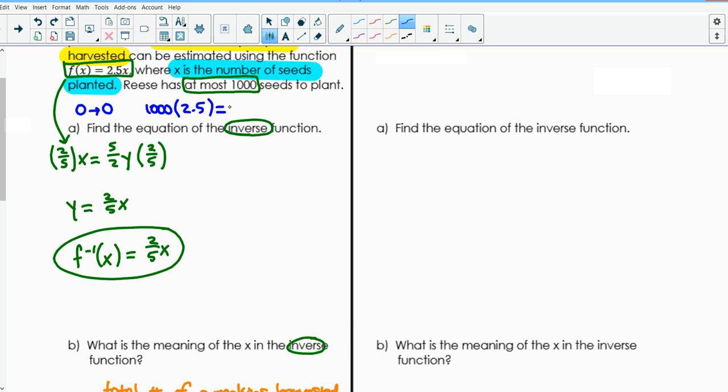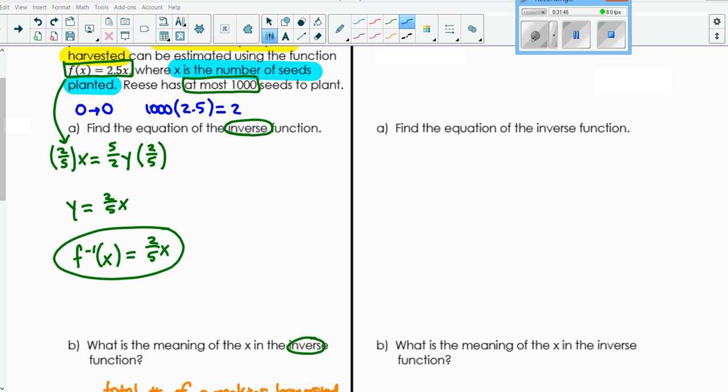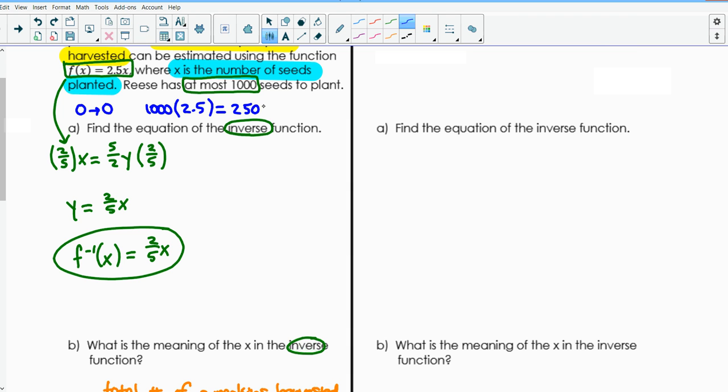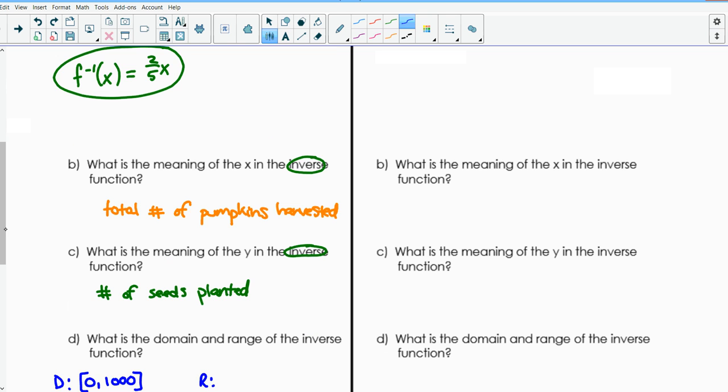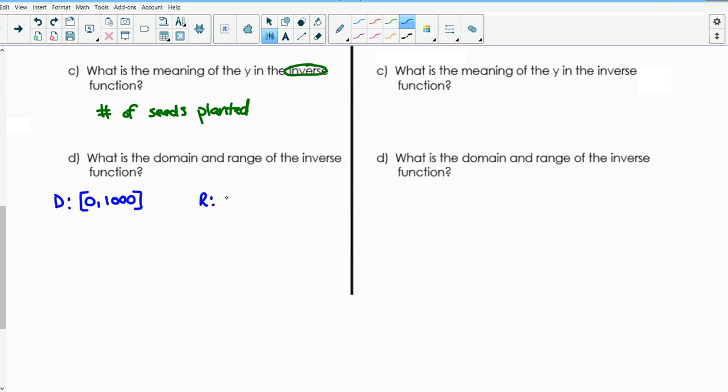Then she's going to get, let's see, what's 1,000? Okay, so 2,500. So that means if she plants 1,000 seeds based off of this function, she can expect at most 2,500 pumpkins. So the range then would be from 0 to 2,500 pumpkins.